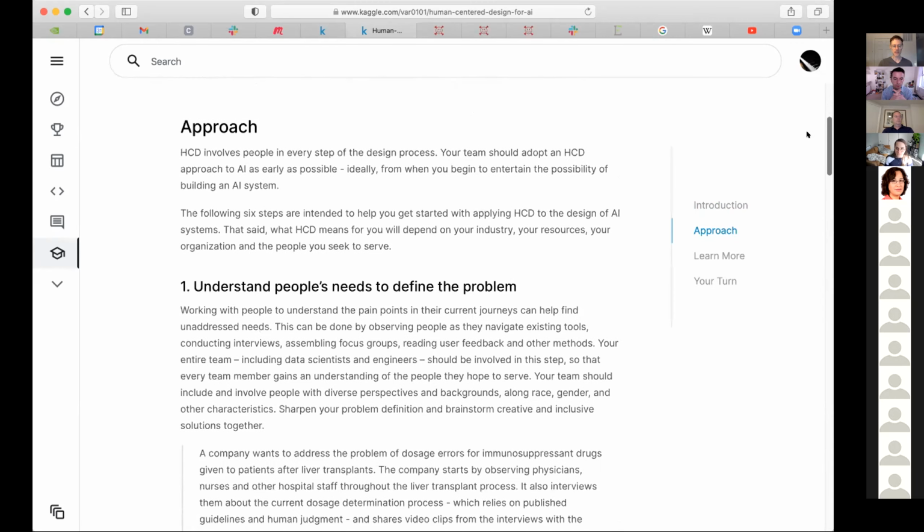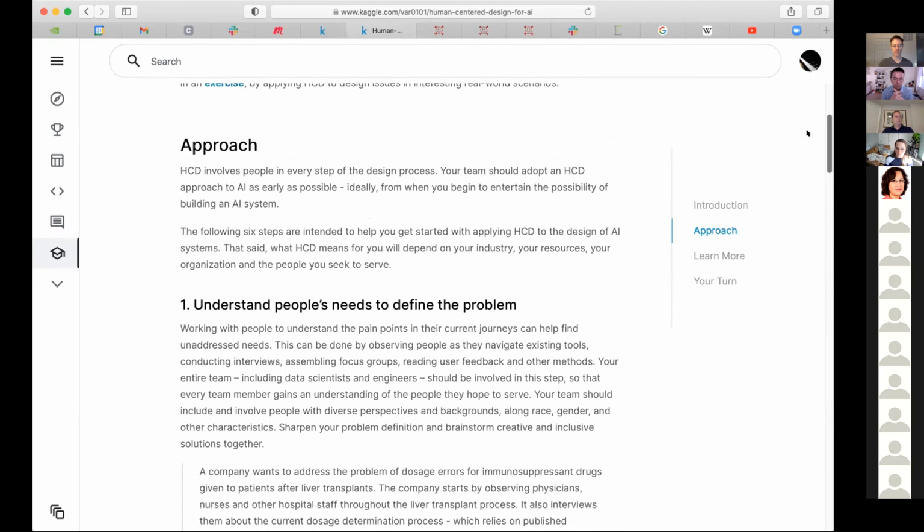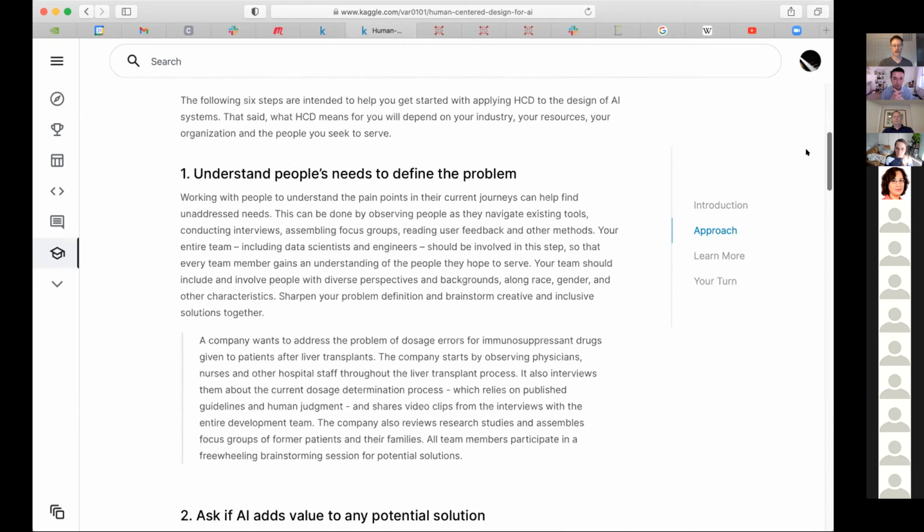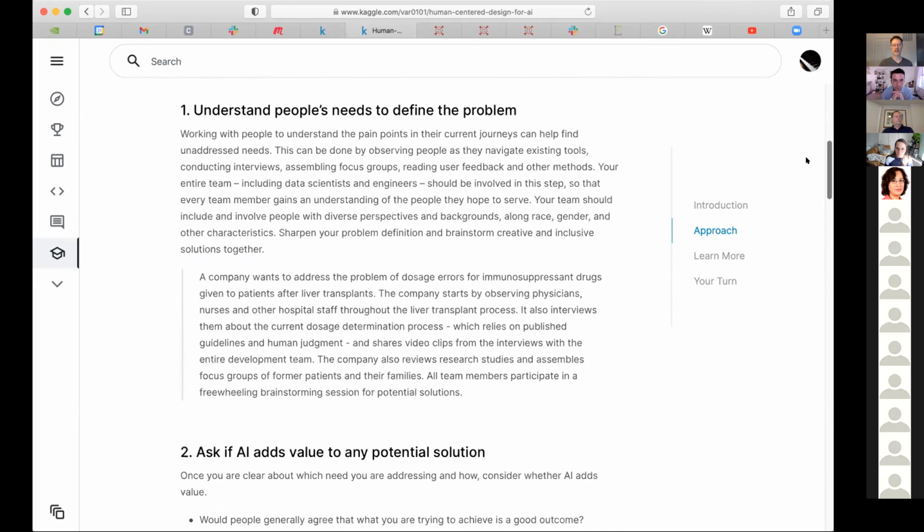So the first step that we discuss here is that a team should understand people's needs to define the problem. People could be your customers, could be stakeholders in your problem somehow, or the population in general. It all depends on what problem you're solving.